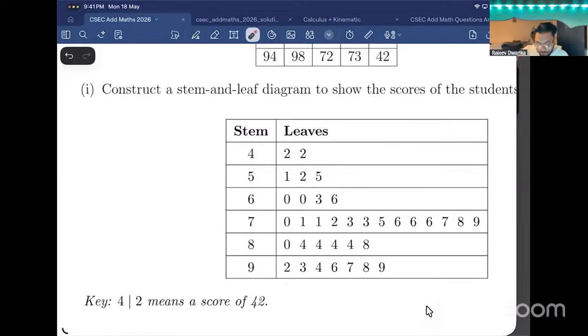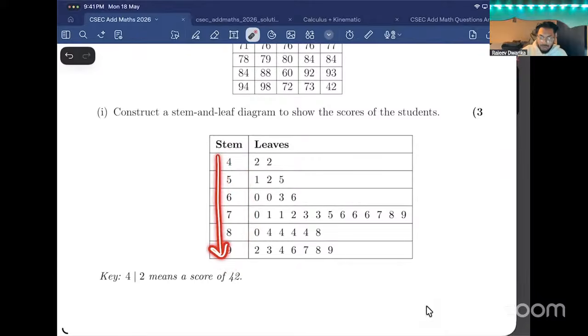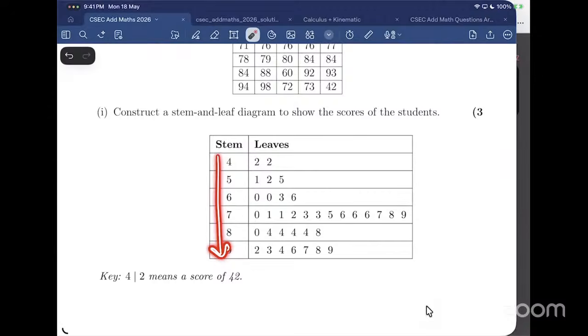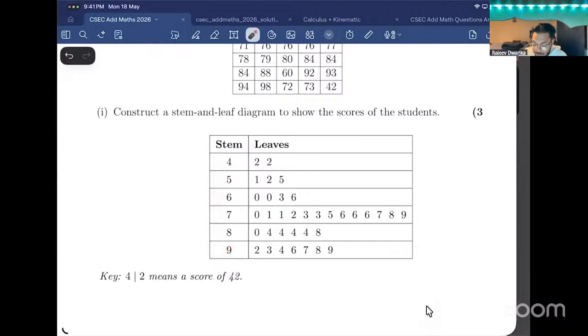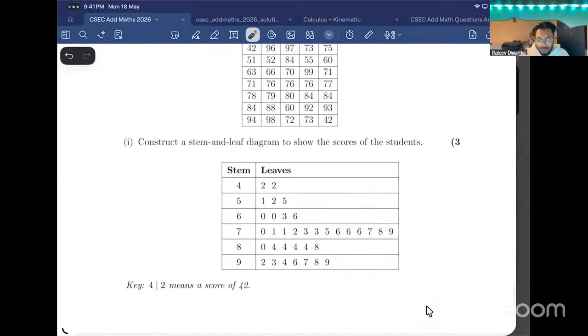It's like 4, 5, 6, 7, 8, 9. I guess ascending, because it's sorted from the smallest value to the largest value. Exactly. So when you do a stem and leaf diagram, it's sorted in ascending order.